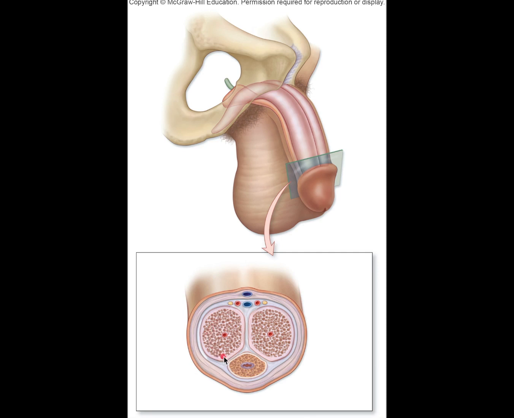So the blood stays within these corpus cavernosum until after ejaculation, and then blood will drain through these dorsal veins here. The dorsal vein runs on the dorsal side of the penis. So there's a medication for erectile dysfunction, and one of the disclaimers you always hear is go to the emergency room if you have an erection that lasts longer than 4 hours.